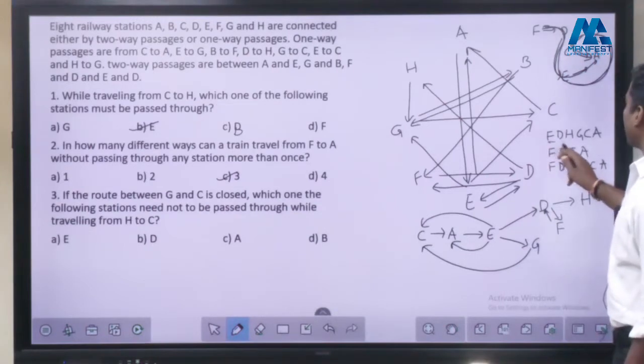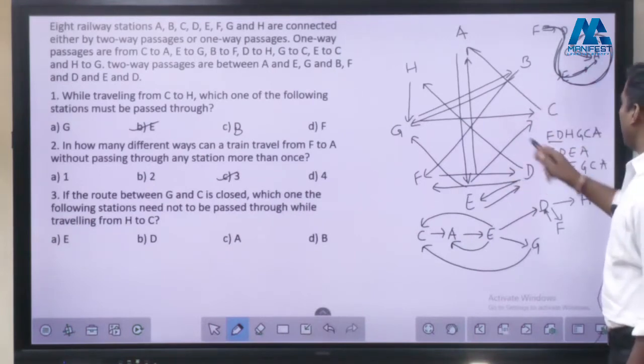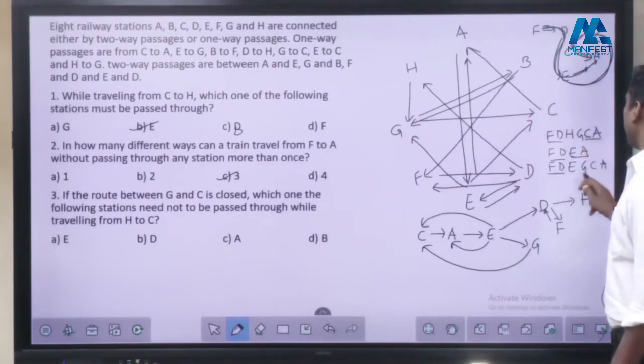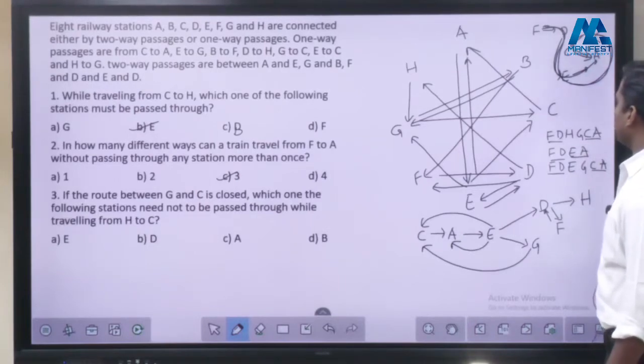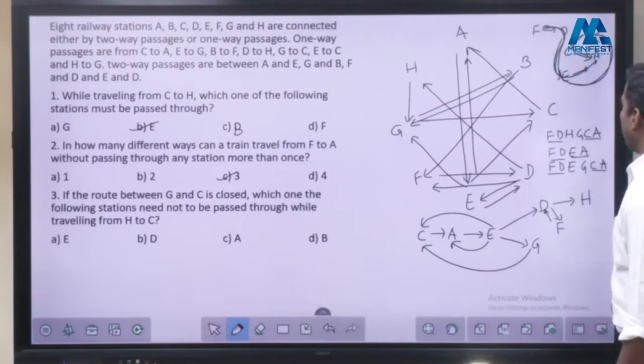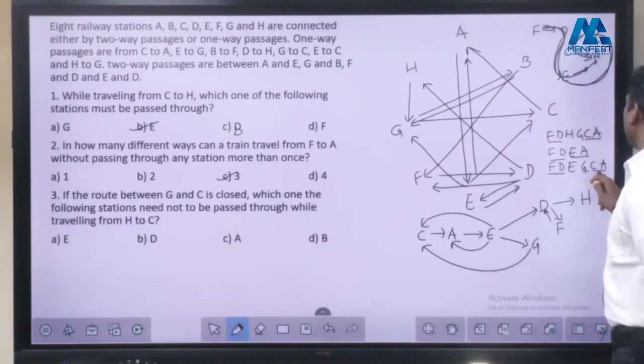Anyways, F and D are compulsory. Here A, sometimes it will get connected with E and sometimes it will get connected with C. For C, the input is coming from G only and E. So here GC is compulsory.